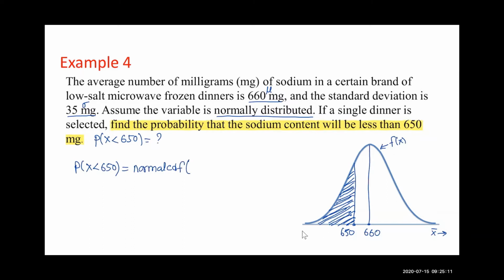The lower limit is negative E99. The upper limit for this area is 650. Mean is 660. And the standard deviation is 35. So we need to type that in the calculator to get the result.